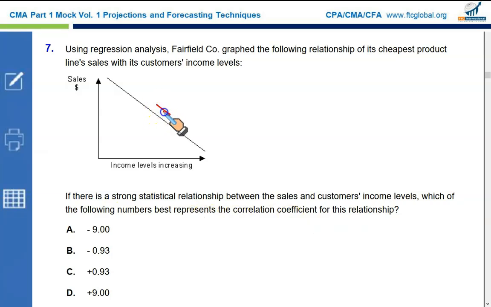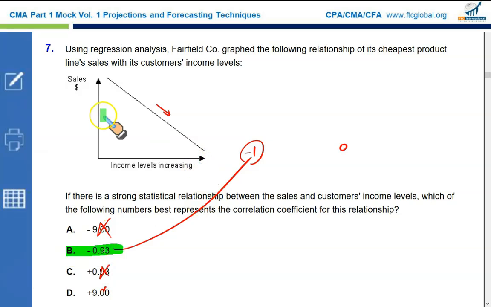We can see it's a negatively sloping line, so you should expect a value between 0 and -1, or maybe -1 itself. So the one, it is impossible, not plus, so that's surely negative 0.93. That's the right option. This is the coefficient of correlation between these two variables, sales and income levels.